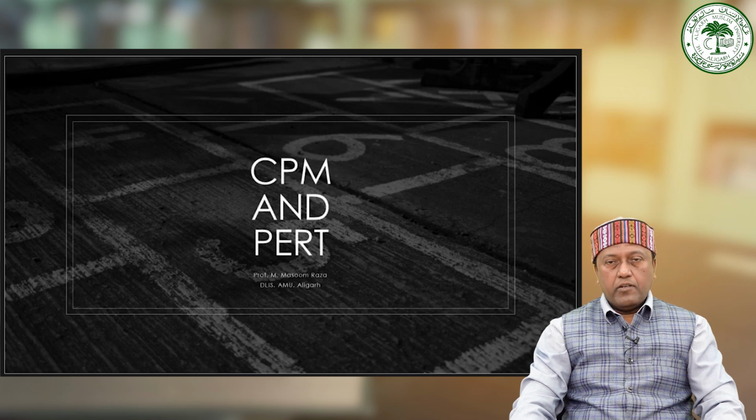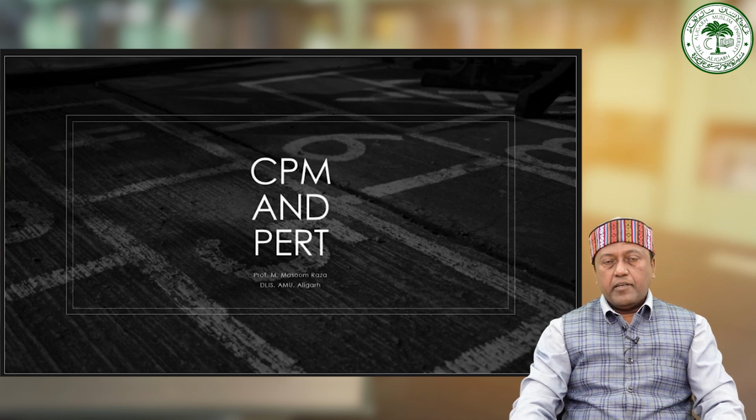In the previous lecture, I told you about project management and what it is basically doing, and that PERT and CPM are two important techniques which are part of project management.